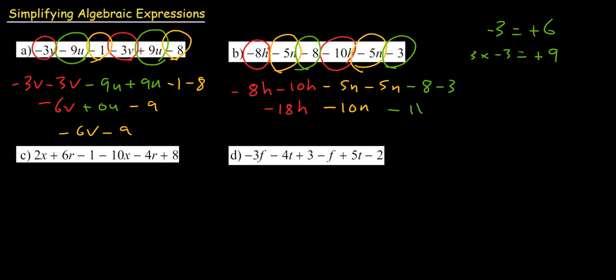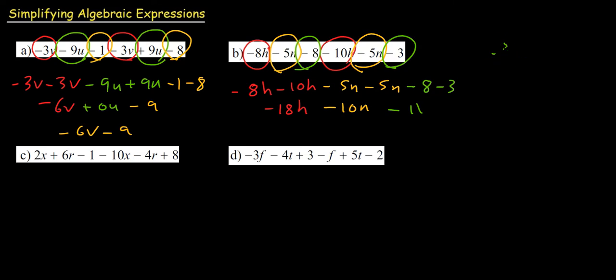Now, if we have something like this, negative 3, negative 3, that is not a multiplication, so we need to rewrite that now. It's negative 3 plus negative 3, which gives negative 6, not positive 6.